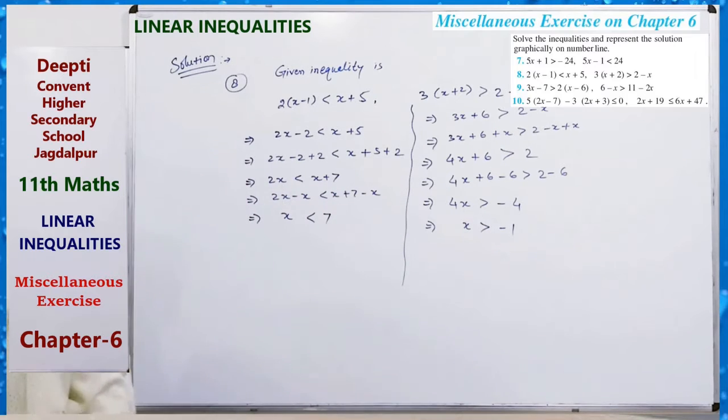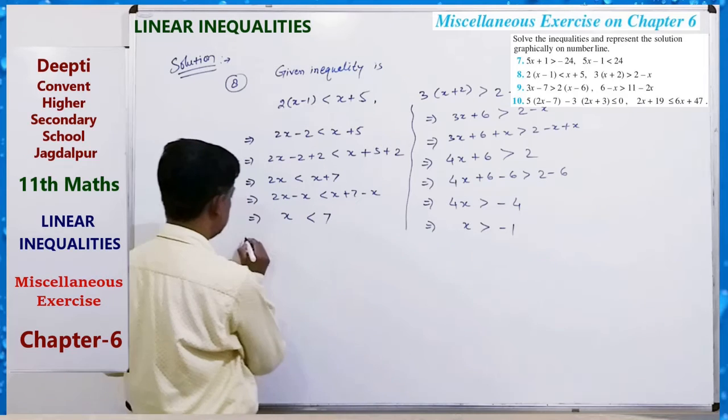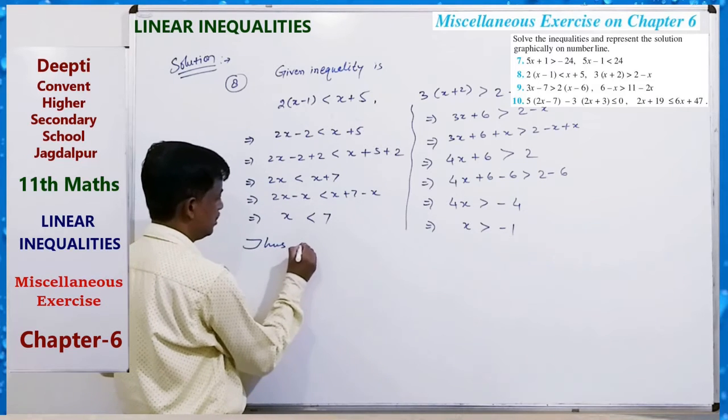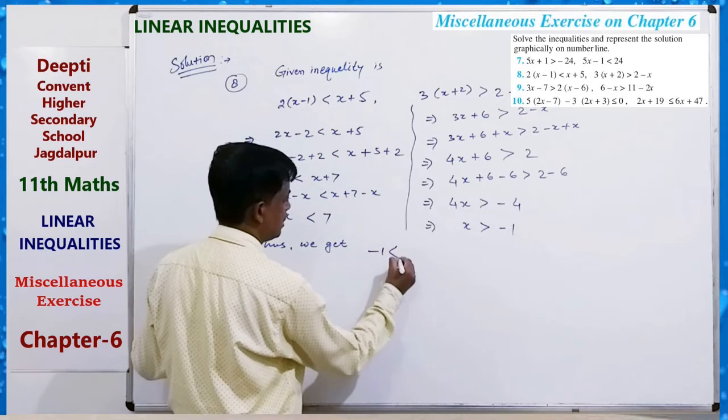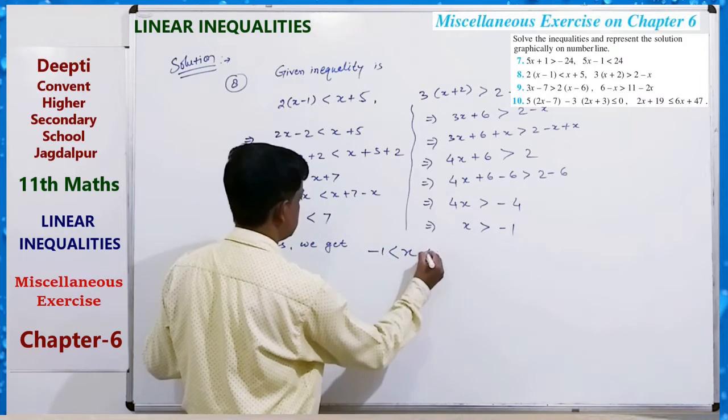These are the relations. Thus we get minus 1 is less than x is less than 7.